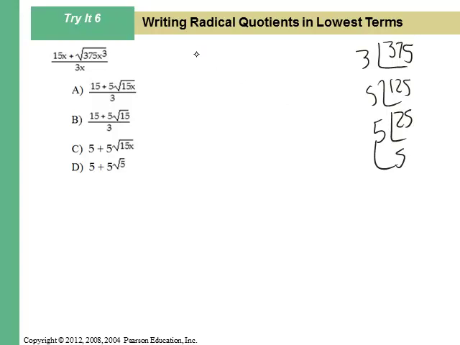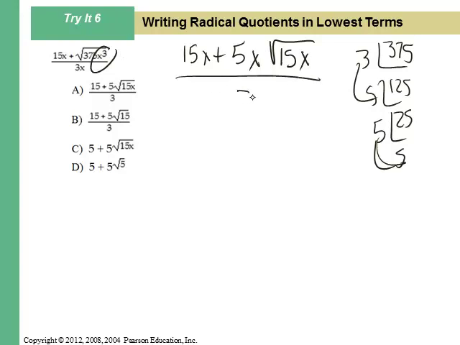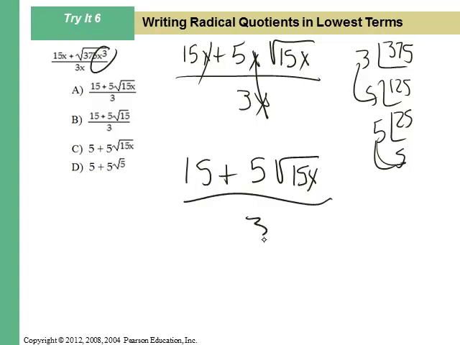So this is 15x plus 5x root of 3 times 5 is 15, and you still have an x left on the inside, over 3x. The x's cancel, so you have 15 plus 5 root of 15x over 3.